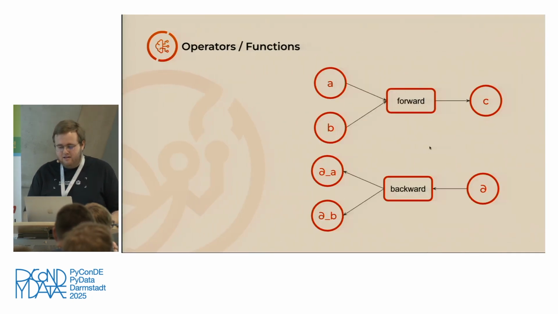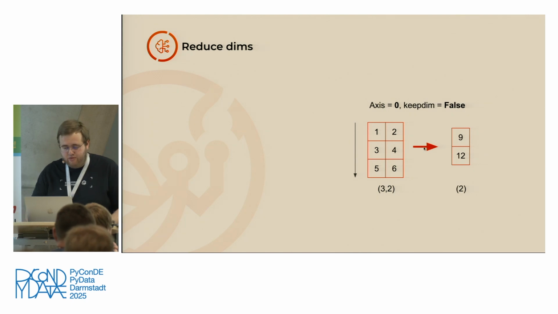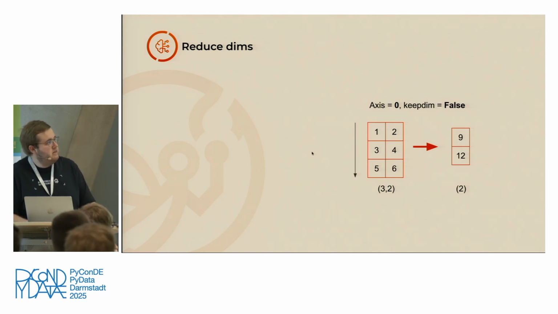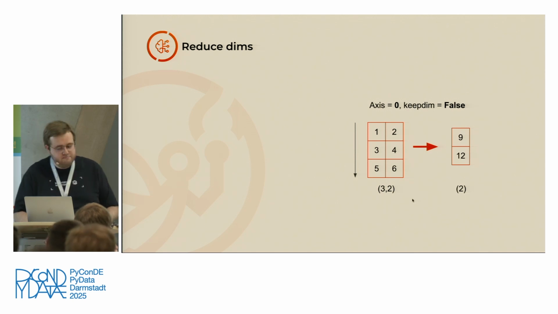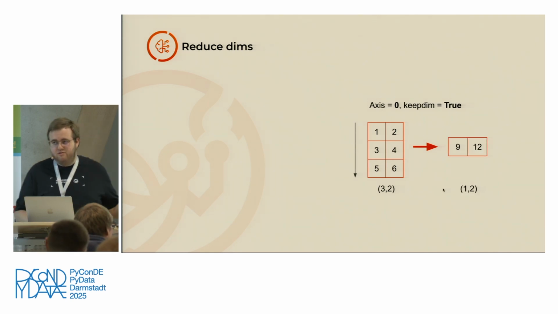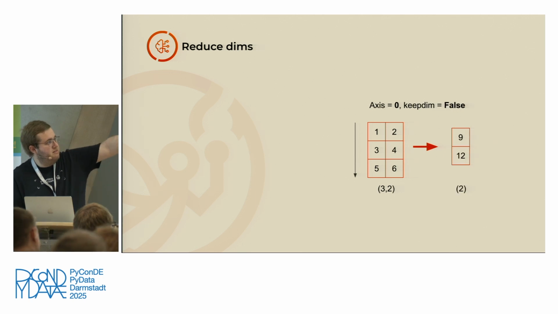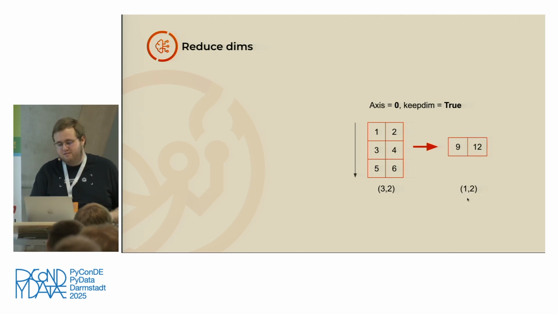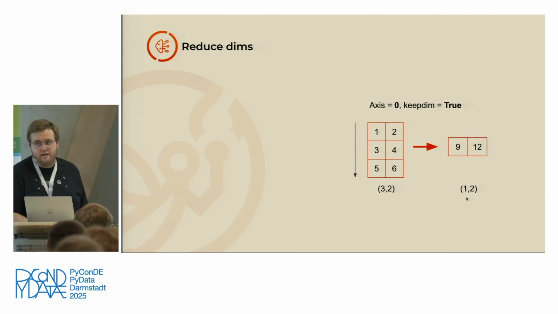For example, we have a matrix like this, and we sum it over the first dimension and obtain a vector with values 9 and 12. If we set keepdims to false, then the first dimension is completely gone. However, if we set it to true, we obtain the same result, but the first dimension is still here.